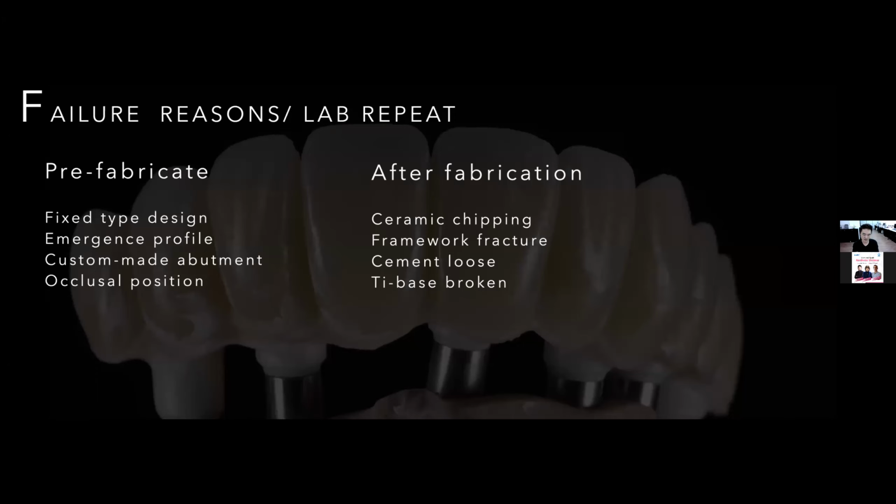When we get the case from the dentist and it's an implant restoration, we must think about what type we need to design. Maybe it's screw retained or cement retained, and how to design the emergence profile for the tissue. And we need to decide whether to use the standard abutment or cosmetic abutment, and how to set our occlusion position to reduce the bite force problem.